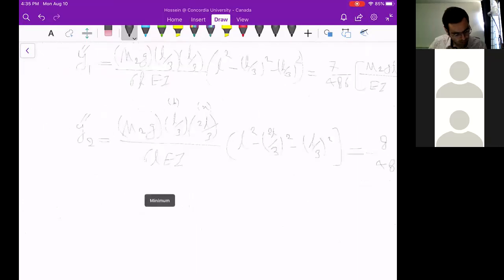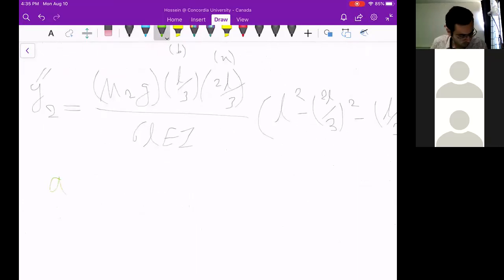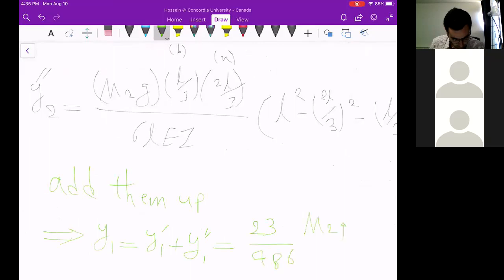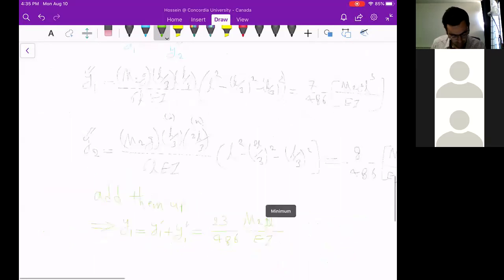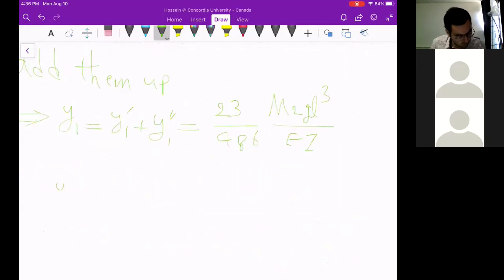So you have to add them up. Therefore Y1 is Y1 prime plus Y1 double prime, which is going to be 23 over 486 M2GL cube over EI, and Y2, deflection at point 2, is Y2 prime plus Y2 double prime.